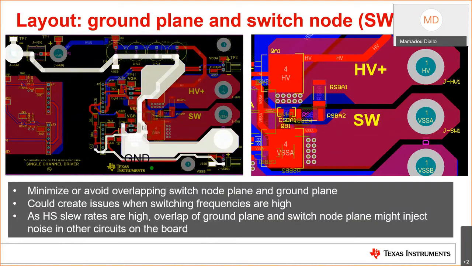So minimize the gate drive loop, avoid overlap between the switch node plane, which is switching from 0 to 600 volts, and the logic voltages like the input stage, and make sure you have sufficient separation between that switch node and any other sensitive signals on the driver's side. This could create issues such as parasitic coupling, as well as noise throughout the circuit.